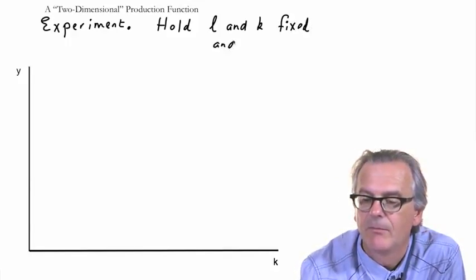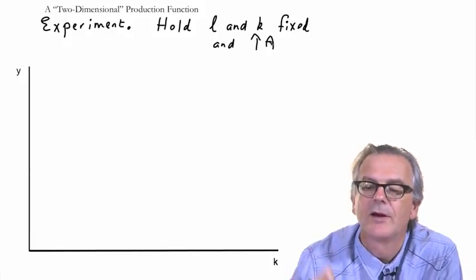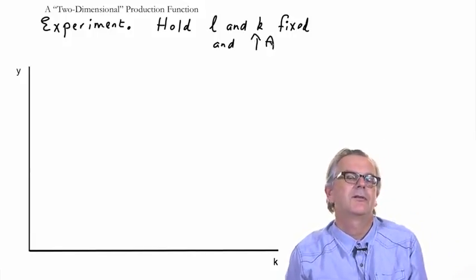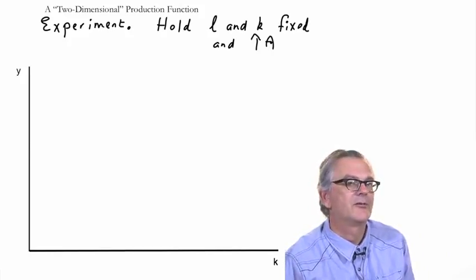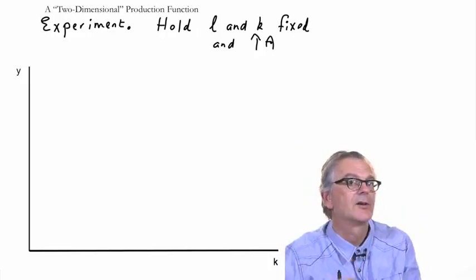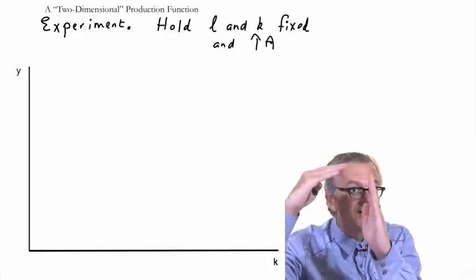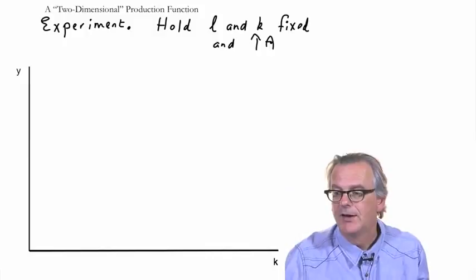This time I'm going to increase total factor productivity. We saw with our three-dimensional production function that what an increase in total factor productivity did was to shift the surface of that production function upwards.